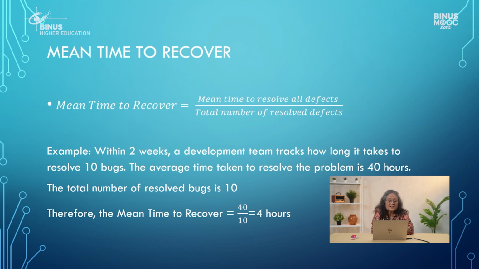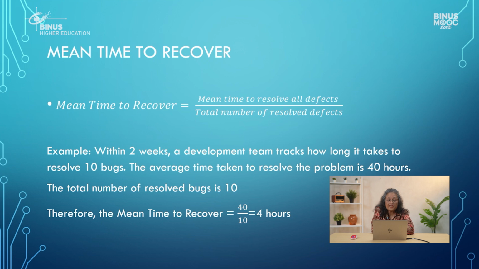So let's look at this example. Let's say in a time of 2 weeks, a development team tracks how long it takes to resolve 10 bugs. The total time taken to resolve the problems is 40 hours, and the total number of resolved bugs is 10.